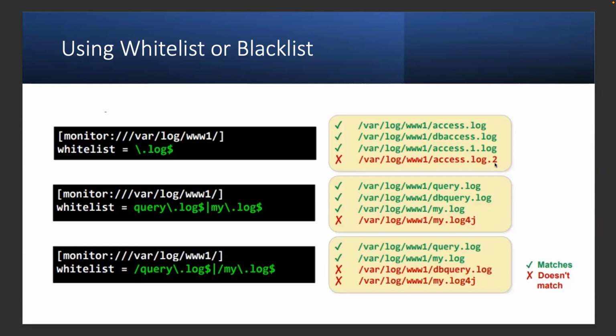Is there another character that we can use for a number? Because what if the one above it was .log.3? How about we capture that? No, it does not matter if it's a number or a letter. This sign here is just saying that it is the end.